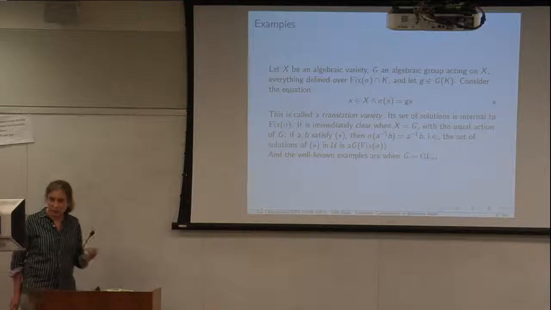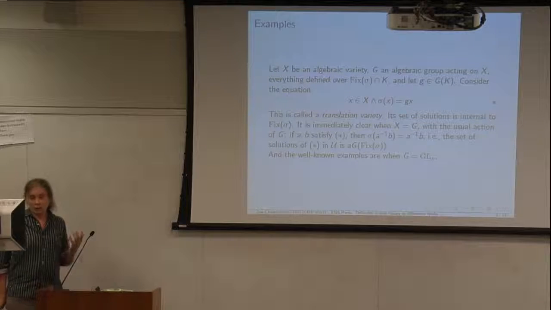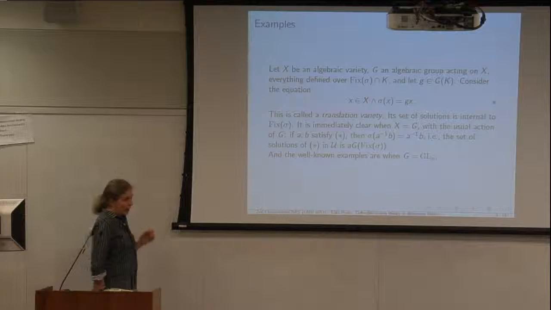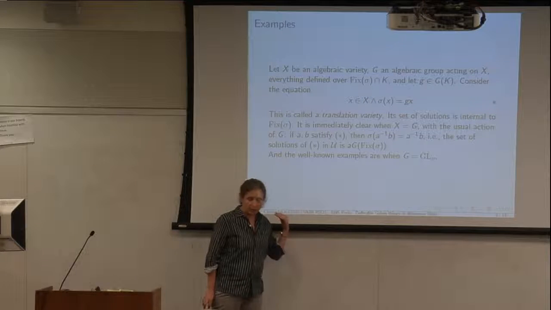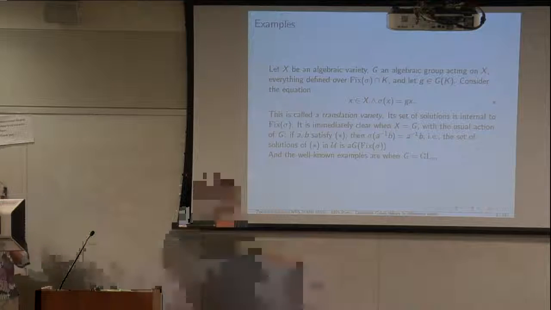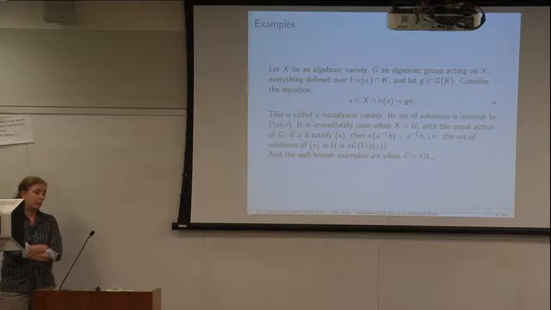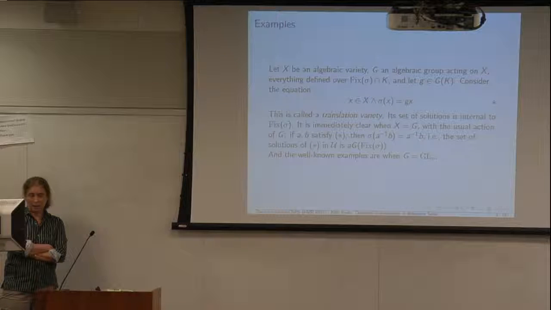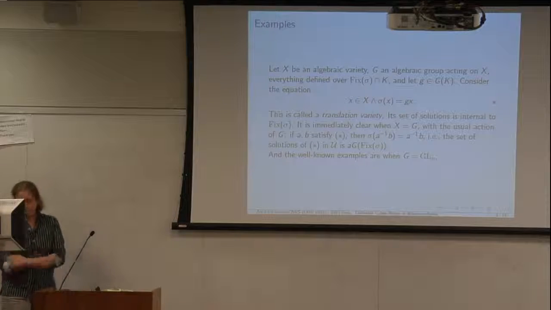In other words, the set of solutions of the equation is just the right coset of A by the fixed points of G. And you all know these kinds of equations when G is GL_n.